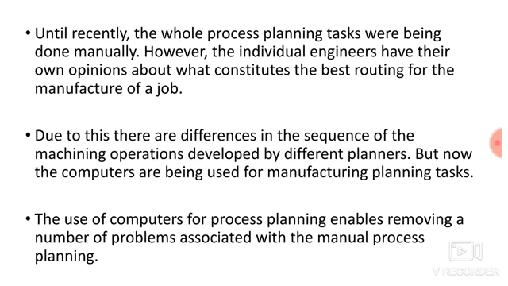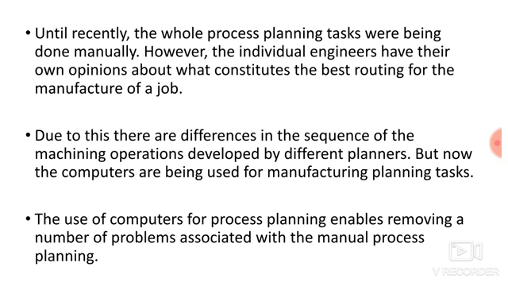Until recently, the whole process planning task was being done manually. However, individual engineers have their own opinions about what constitutes the best routine for the manufacturing of the job. So basically, as the process planning is done manually, it depends on individual judgment. He will decide the sequence because the sequence is not fixed.